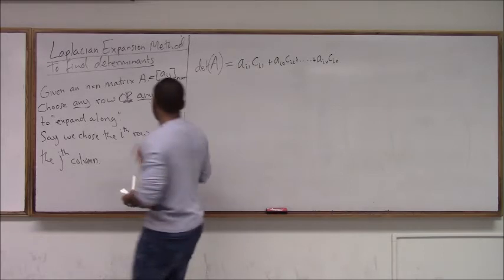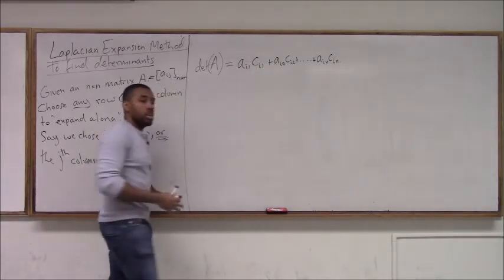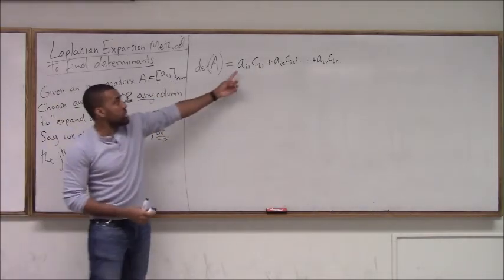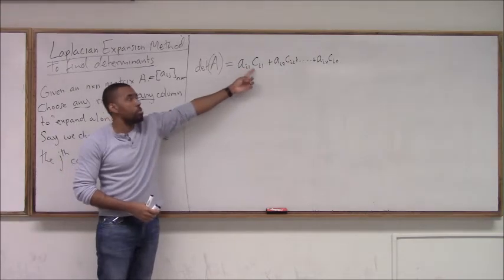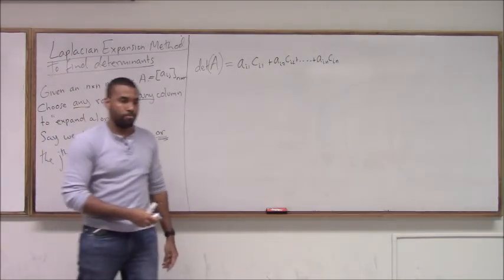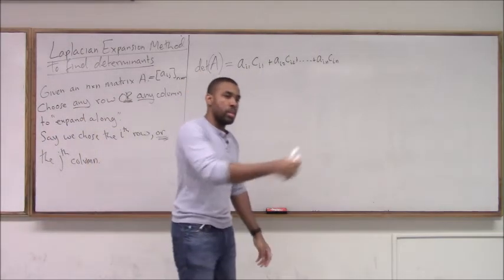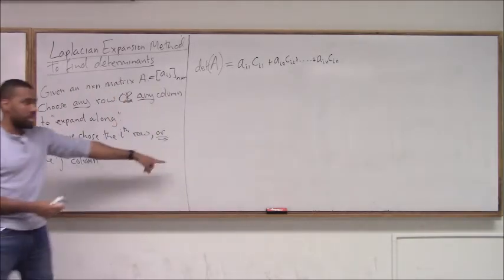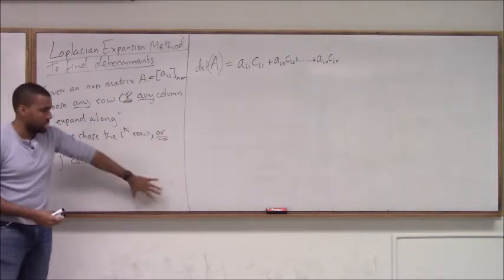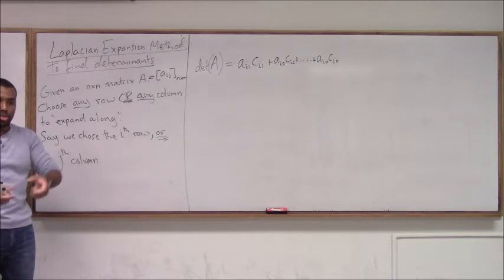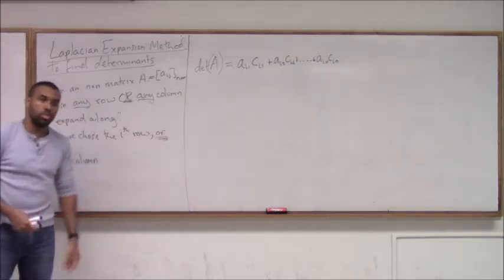So I'm going to take the elements along that row, and for each element in that row, I'm going to multiply it by its cofactor. And I do that for every element in that row.